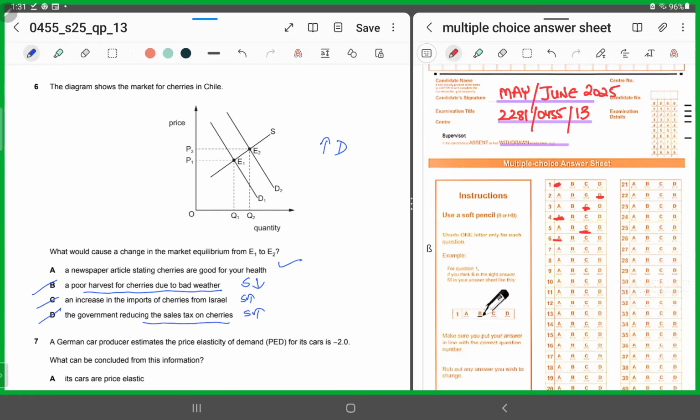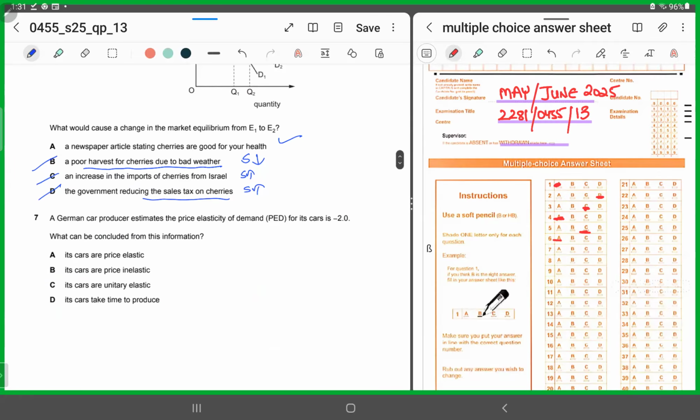Number 7. A German car producer estimates the price elasticity of demand for its cars is negative 2. Now, since the magnitude of the price elasticity of demand is greater than 1, this means it's elastic.